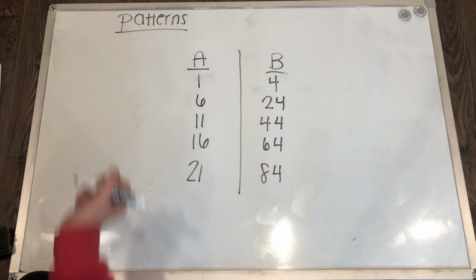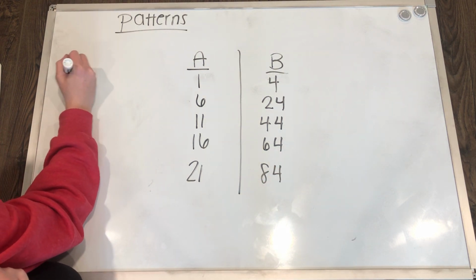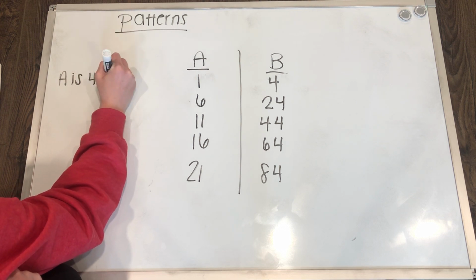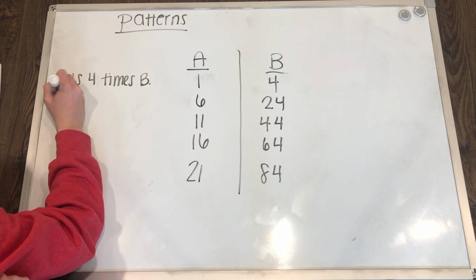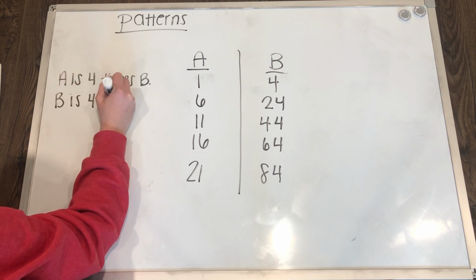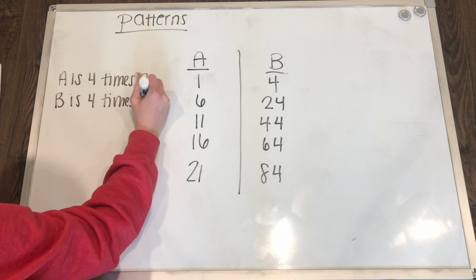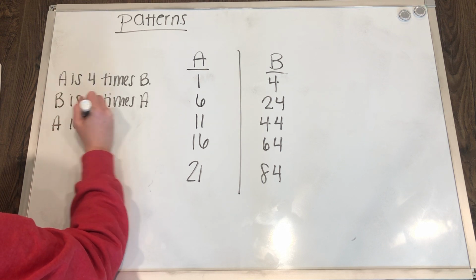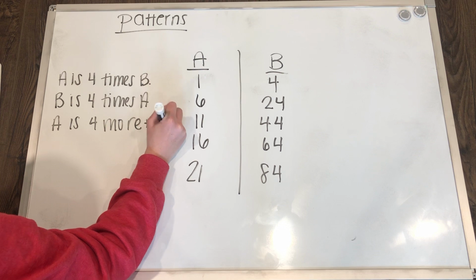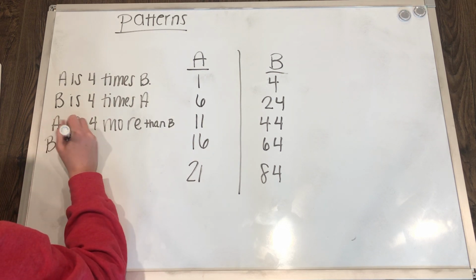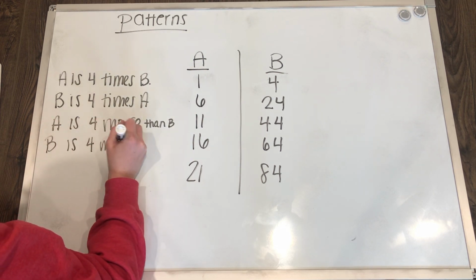First statement, A is 4 times B. B is 4 times A. A is 4 more than B. B is 4 more than A.